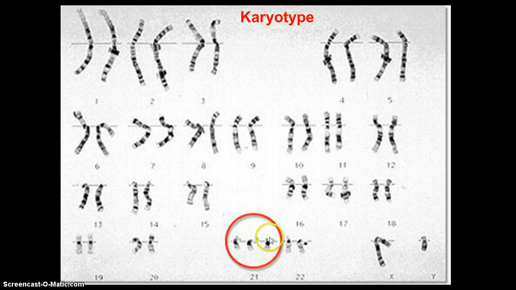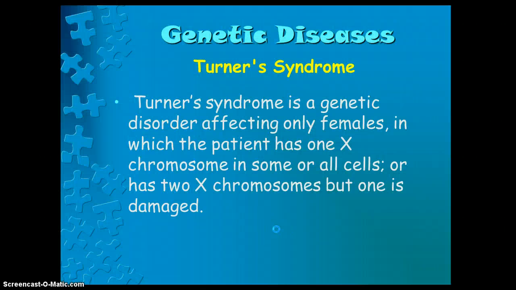And we have an extra chromosome 21 because we're only supposed to have 2 here. And what happens here is this would be someone with Down syndrome. They have an extra chromosome 21. And if you look over to your right, you'll notice that it's XY, which tells us again that it's a boy.